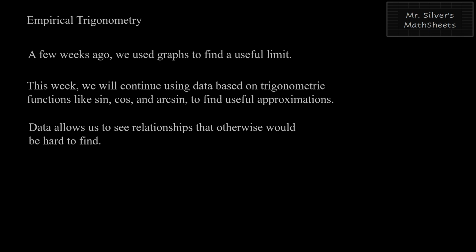Data allows us to see relationships that otherwise would be hard to find. So we'll use data to lead to discoveries, which ultimately lead to a proof. Obviously, we like to see the proofs, but it all starts with discovery and data.